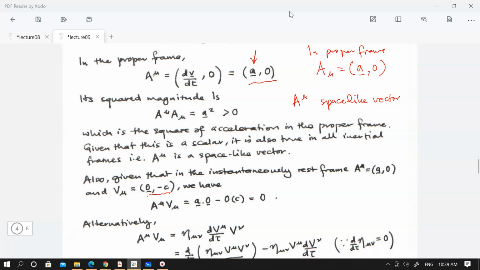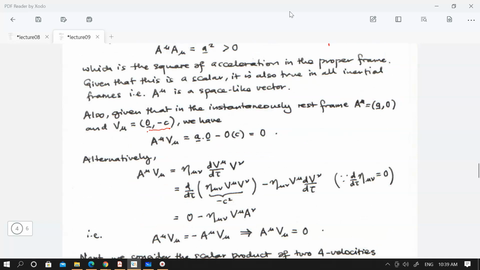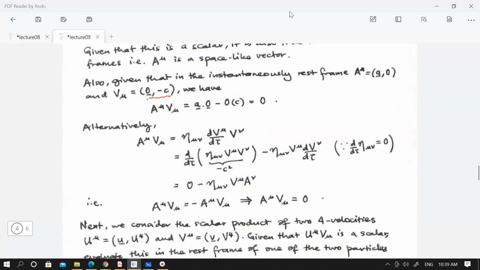So you can just simply take the product, and then you can see that the contraction of the 4 acceleration with the 4 velocity is just equal to 0. And this confirms what I said earlier: you take the space-like vector and the time-like vector, and it gets you zero. So this is an alternative way of looking at it.